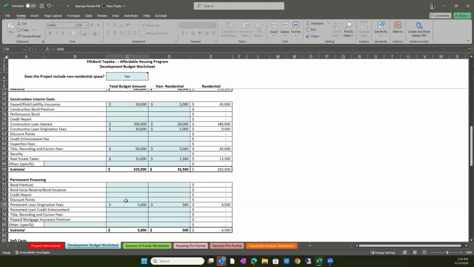But the loan origination fees that you enter here should match what is entered on the sources of funds worksheet, which we'll look at next, as well as any documentation you provide to back up those sources of funds. So we will ask for documentation to verify all sources of funds that you're planning to utilize to pay for your costs. So if you have any sort of origination fees, we're going to be looking to verify those amounts based on the documentation you provide.